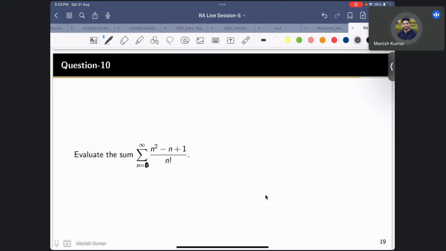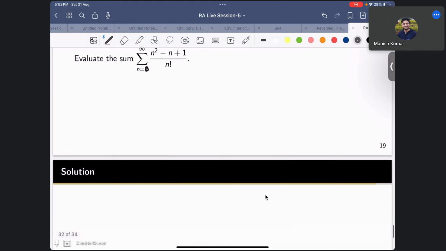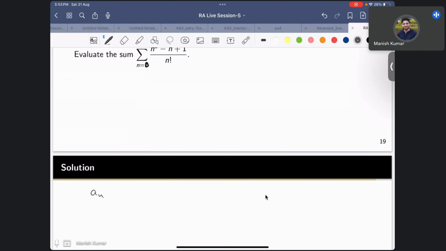So here a_n is given as (n square minus n plus 1) upon factorial n. Again you do the same thing, you just split it into two parts.